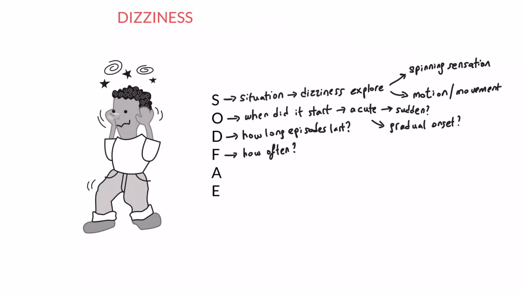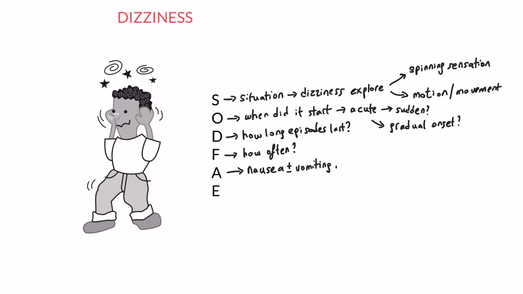Now let's go to the associated symptoms. You can do it the way you want, but when it comes to associated symptoms, I like to explore a lot of symptoms just to have an idea what may be going on. So obviously I start with any nausea, plus or minus vomiting.